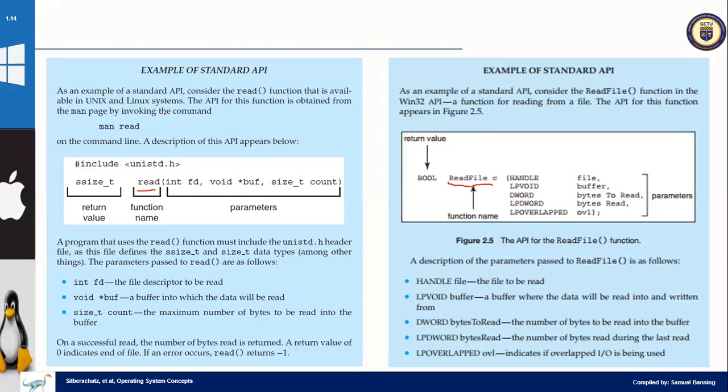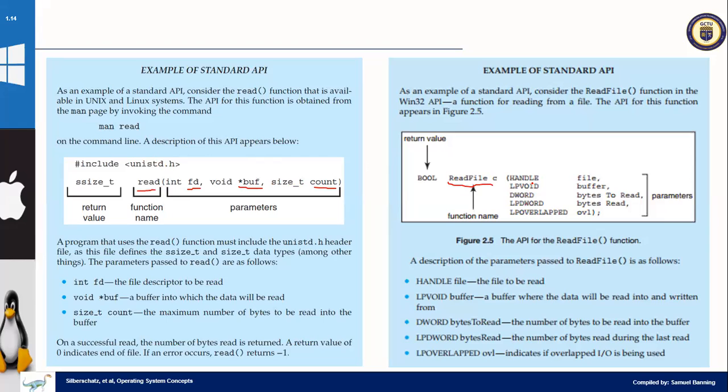For the Unix-based systems, how many parameters do you have? Three: the FD, the buffer, and the count. These are the three parameters you pass in order to read a file in the Unix environment.